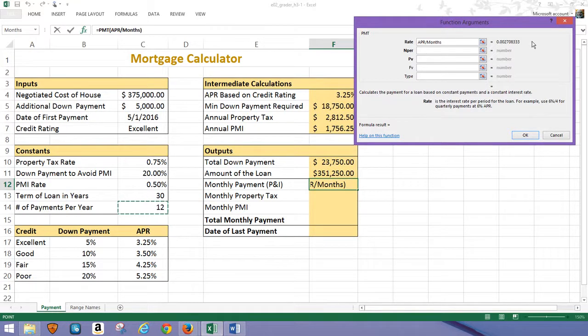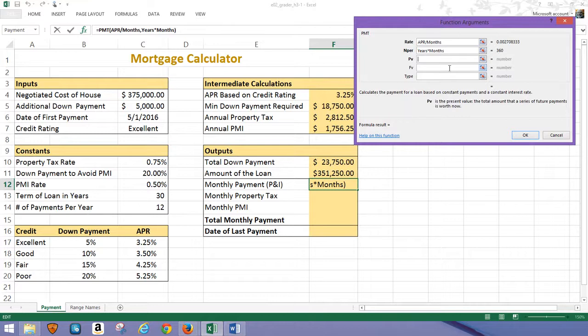So that shows me a lower interest rate. That's because it's the rate per month. Next is the total number of payments. We're borrowing it for 30 years, but we are not making one payment per year, so we need to multiply it by the number of payments per year. 30 times 12 is 360.